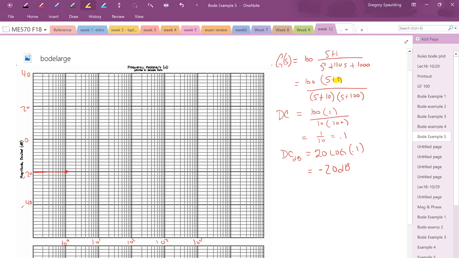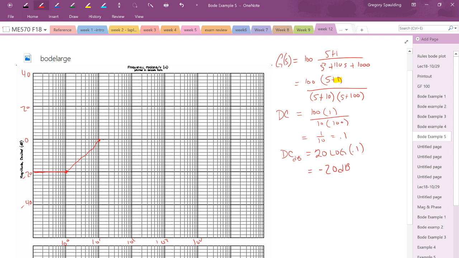And we see actually it's a zero. So remember our rule about a zero. When we have a zero, it's going to change the slope by a positive 20 dB per decade. And so we're going to start zooming up here at 20 dB per decade, and we're going to go till we hit the next pole or zero, which is at 10.